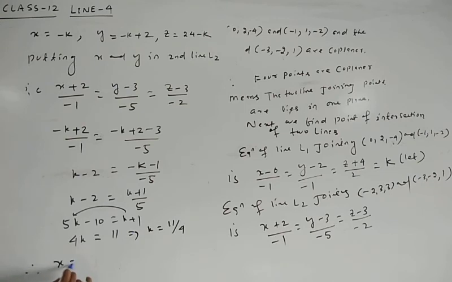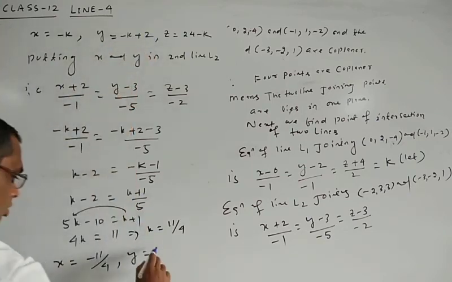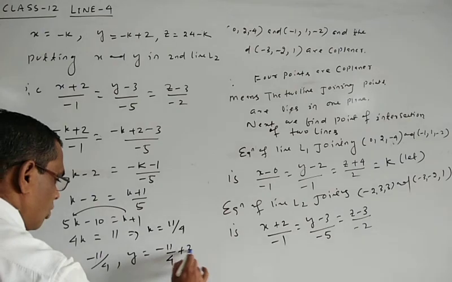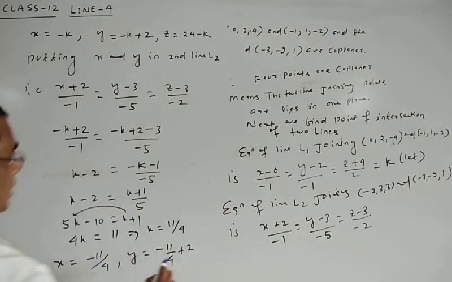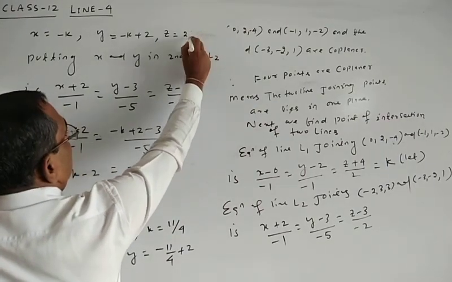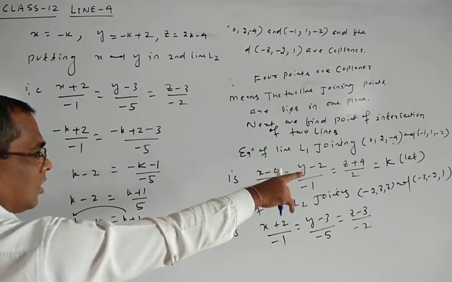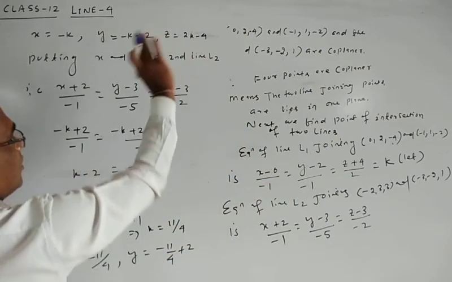Therefore x is equal to -k. y is equal to -k + 2, so -11/4 + 2. And z is equal to 2k - 4, because z by 2 is equal to k, so z is equal to 2k - 4.